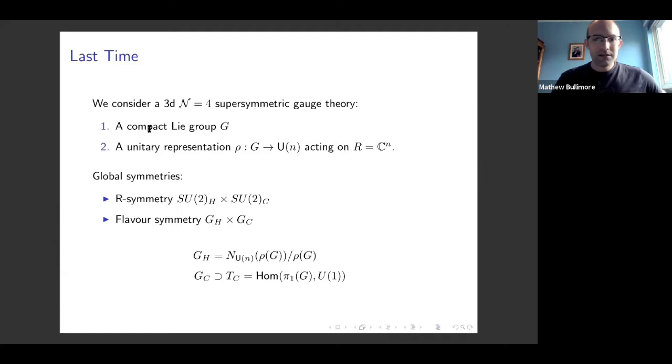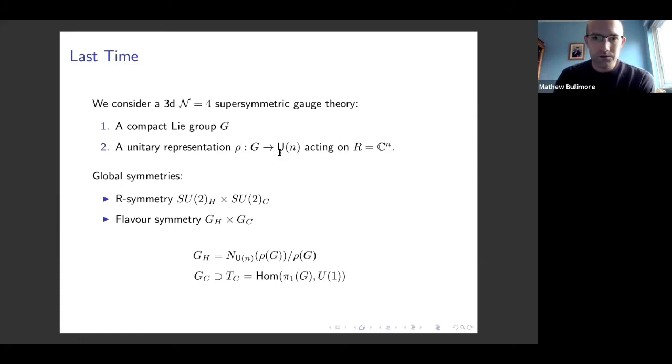And then the matter content of the theory was specified, after making some small assumptions, by a unitary representation of the group G, and this is telling us what the matter content is. So piece of data 1 is associated to vector multiplets, and data 2 is associated to hypermultiplets.